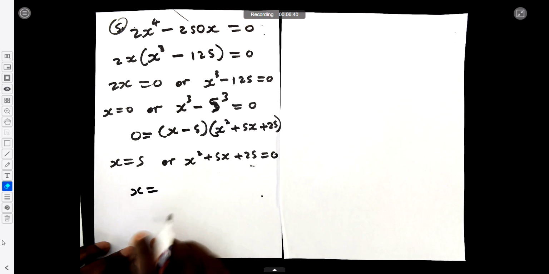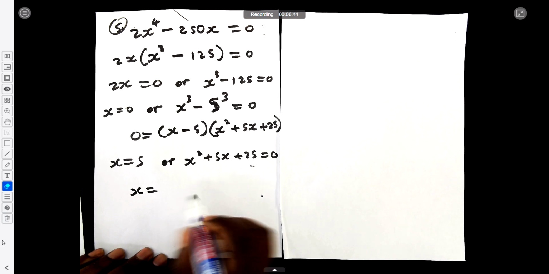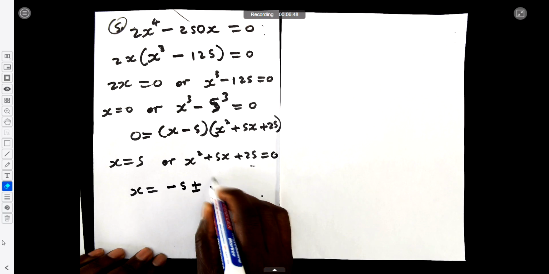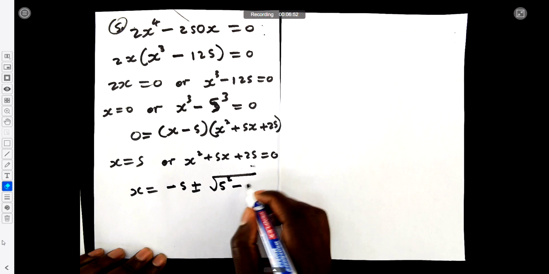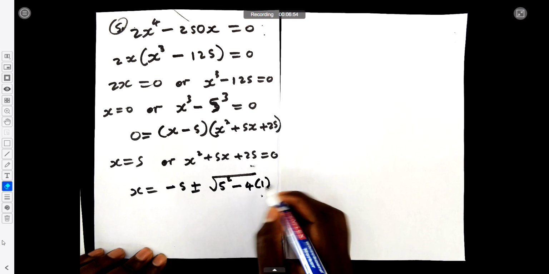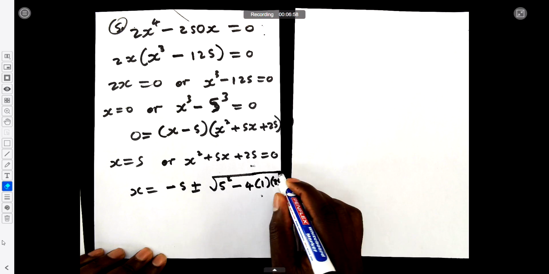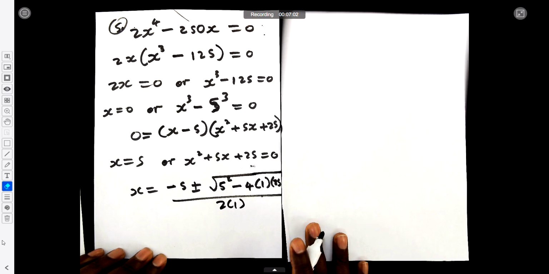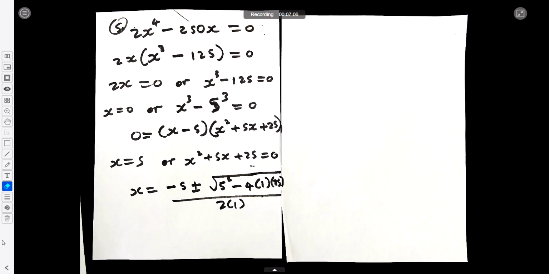Therefore, the final answer, getting the non-real solution, it will be this. So we know that this will be minus 5 plus or minus the square root of 5 to the power of 2 minus 4 times a times c, which is 25, all divided by 2 times 1.